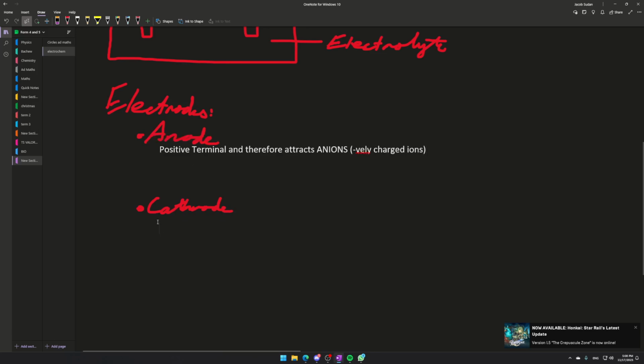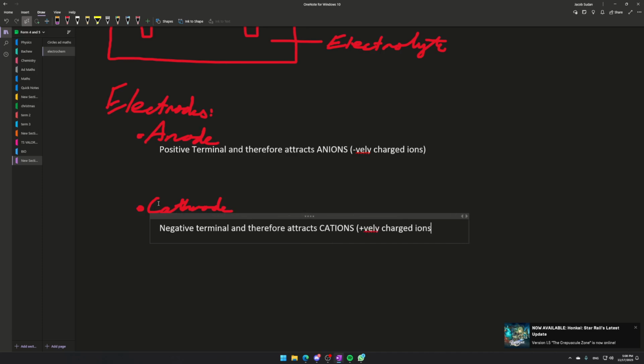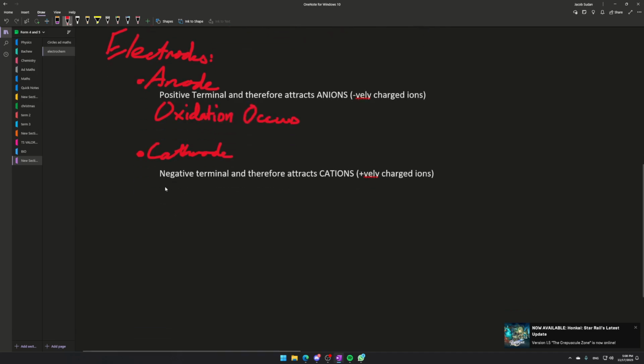And the cathode is the negative terminal and therefore attracts cations, the positively charged ions. Now, at the anode, oxidation occurs. I will go into this later on. And at the cathode, reduction occurs.